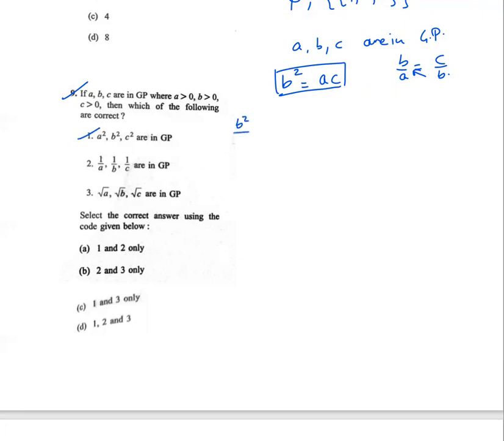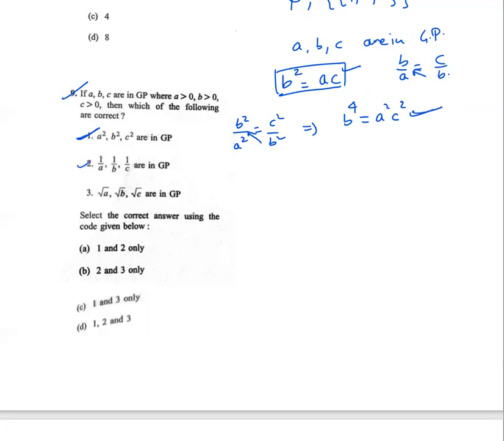If they are in GP, then the ratio should be the same. So B square divided by A square should be equal to C square divided by B square, which implies, cross multiplication, B power 4 equals A square into C square, right? So if I square B square equals AC on both sides, I'll get this relation. Therefore, the first one is correct.